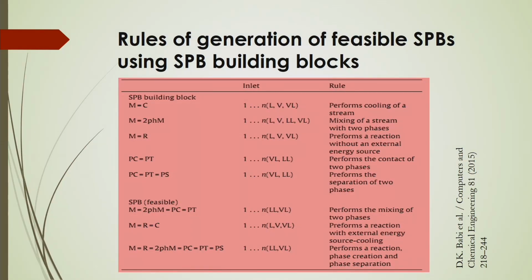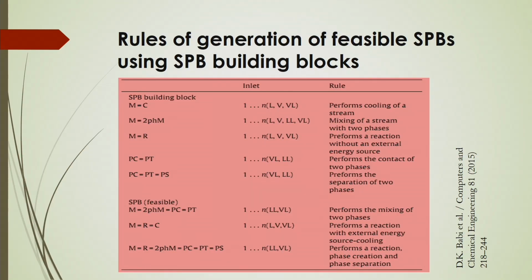If suppose mixing based on two phase mixing, in that case your inlet again will be 1 to n streams like liquid, vapor, liquid, even vapor liquid. So in this case mixing of a stream with two phases will happen and is to be considered.